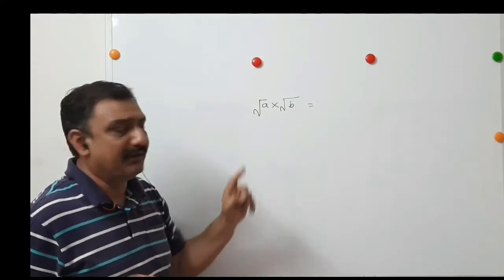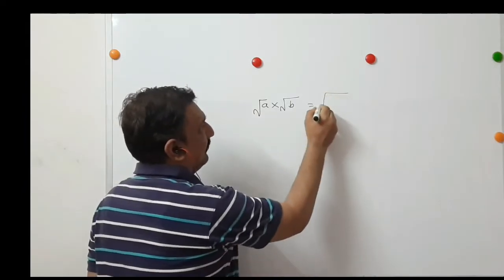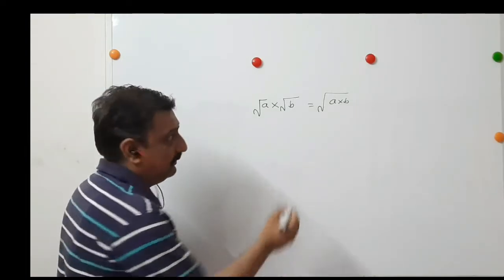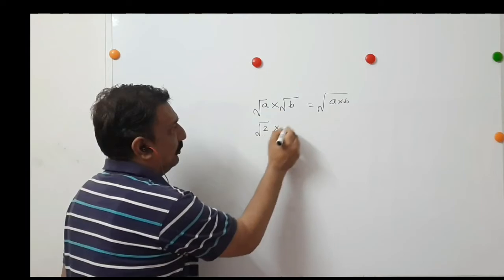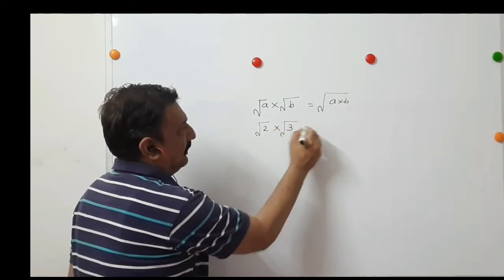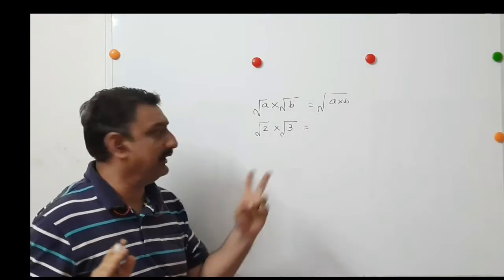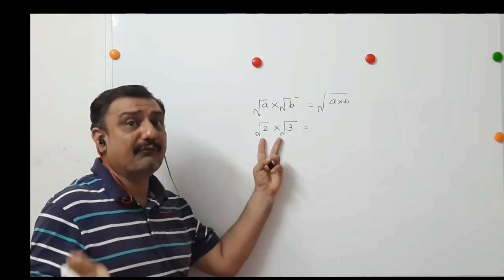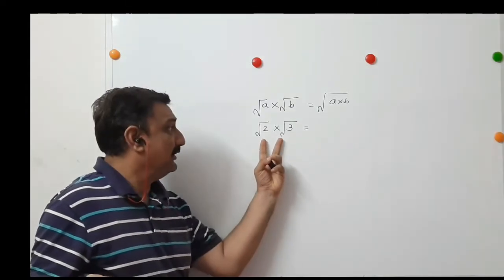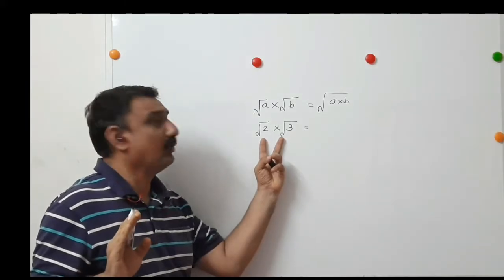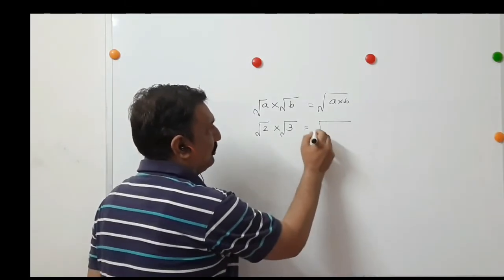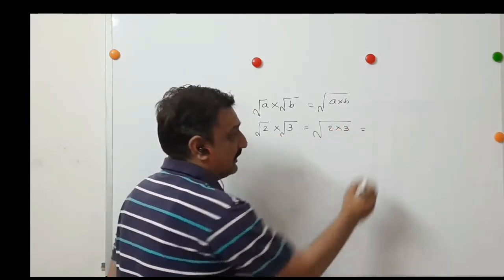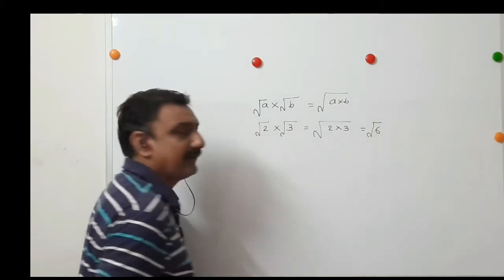Even though their bases are different, you can multiply as whole square root of A into B. For example, root 2 into root 3. You only have to see that the root must be the same, whether square root, cube root, fifth root or seventh root. Then you put a whole root and multiply the values. 2 into 3, your answer is root 6.